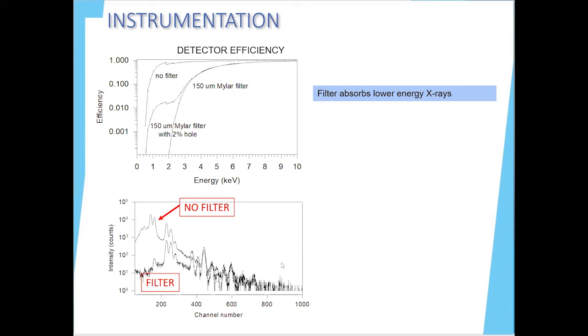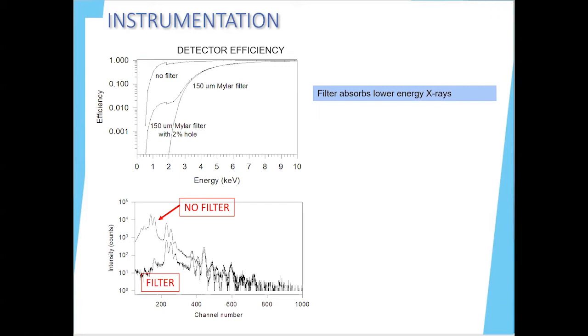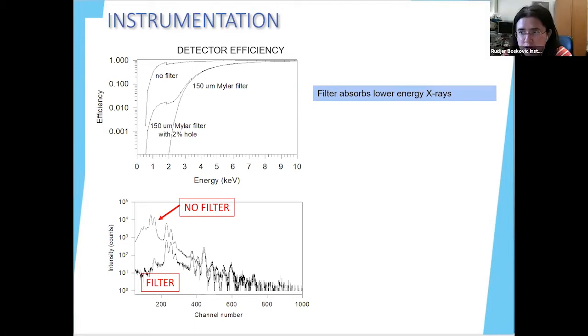Is there a lower limit of thickness? I mean, you can have a target as thin as possible as long as you have some signal from it.